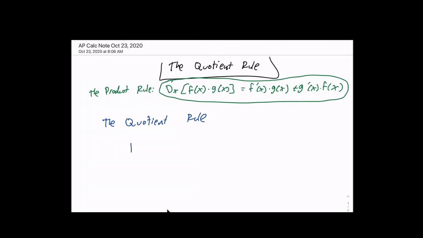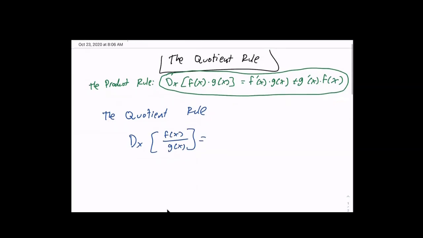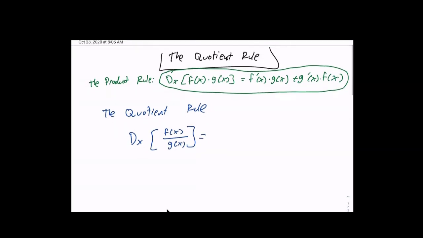So the quotient rule says that when we take the derivative of a function, f of x, over another function, g of x, then the derivative answer looks almost identical, almost.